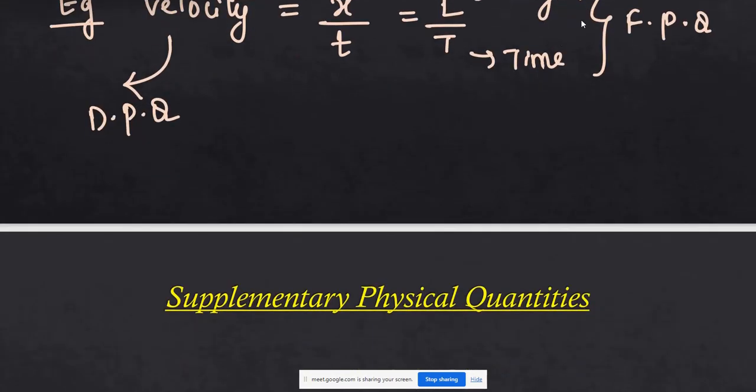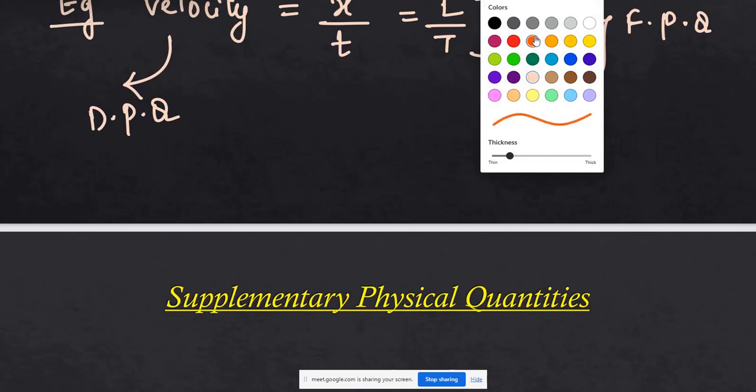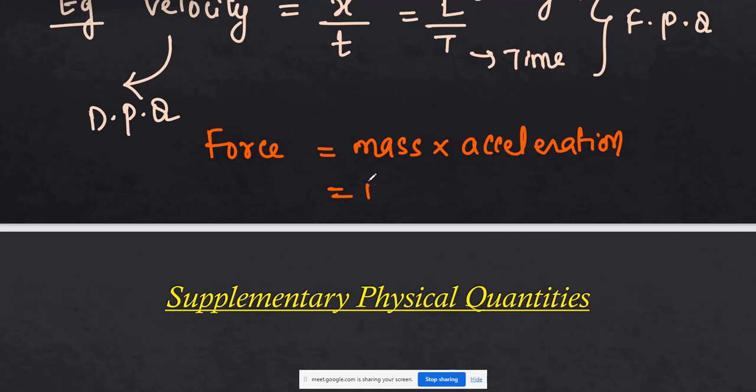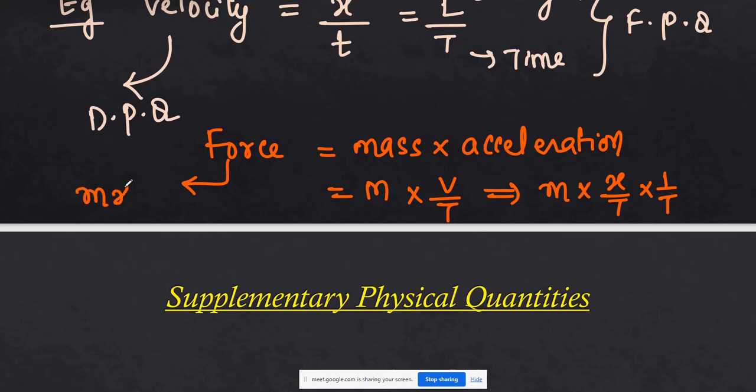Now you can take other examples as well. Suppose I take force. What is the force formula? Force is mass into acceleration. Mass is a fundamental physical quantity. And acceleration is velocity by time. Velocity is distance by time, and one more time in the denominator. So I can write finally the formula for force as mass into x by t square.